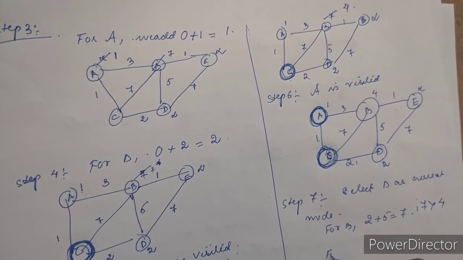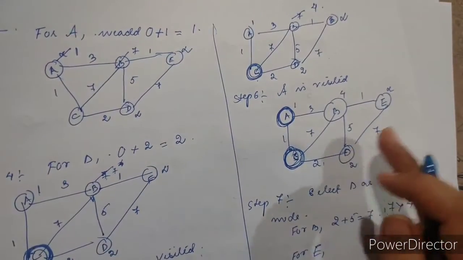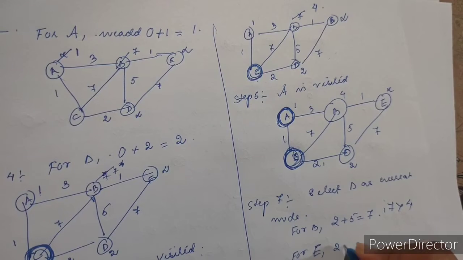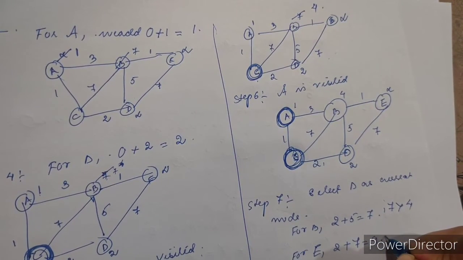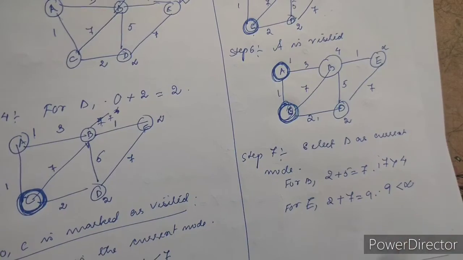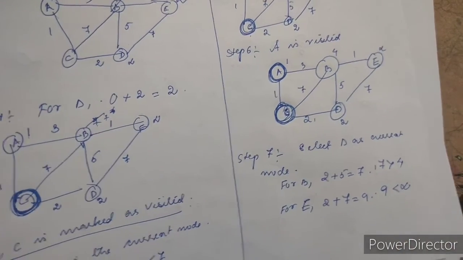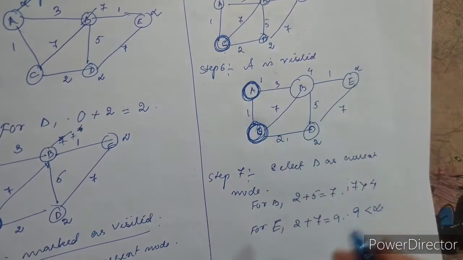Now for node E, right? So infinity here, and the edge is 7. 2 plus 7 is equal to 9. And then compare with the minimum distance. 9 is less than infinity. So mark E as 9. Instead of infinity, we will mark it as 9.